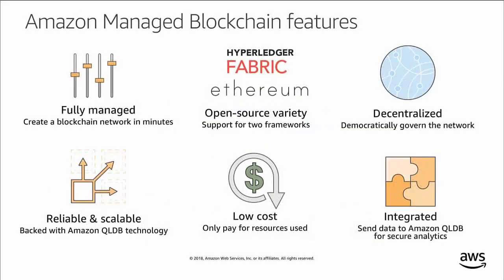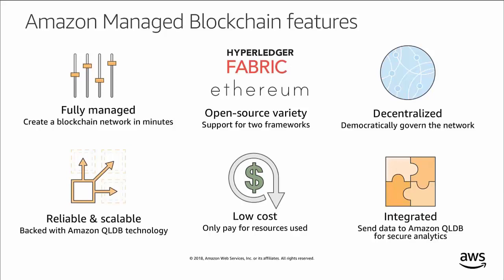I'd like to go over a couple of the features in Amazon Managed Blockchain. First, it really is fully managed: you can create a blockchain network in 10, 15 minutes. In a couple of clicks, Amazon Managed Blockchain deploys all of the software, hardware, and networking, and enables you to create a network and then invite the other AWS accounts that you'd like to join.